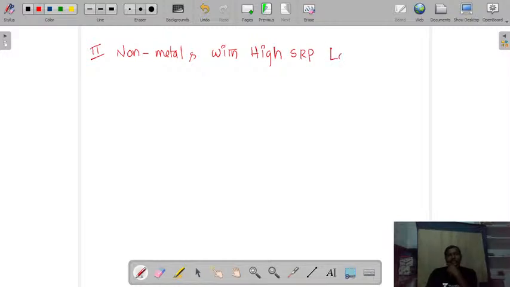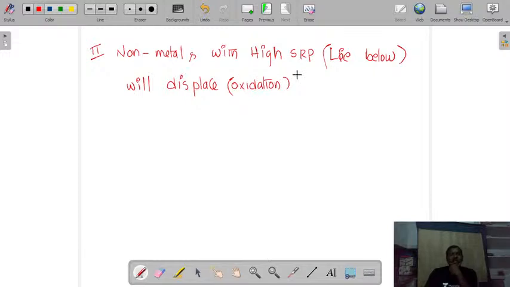High SRP means they lie below the series. In case of non-metals, displacement means oxidation. Non-metals with high SRP will displace non-metals with low SRP.